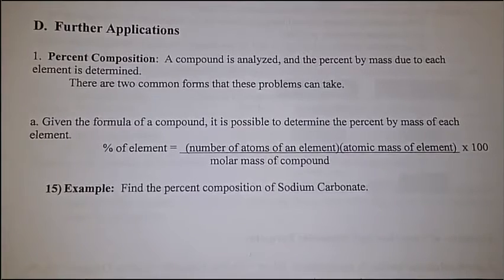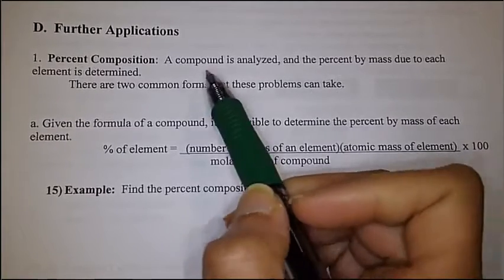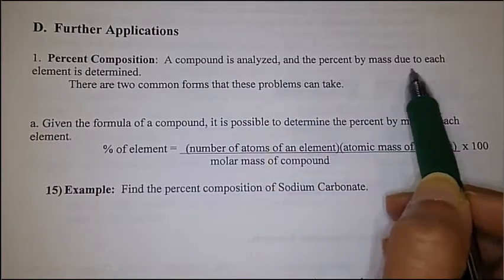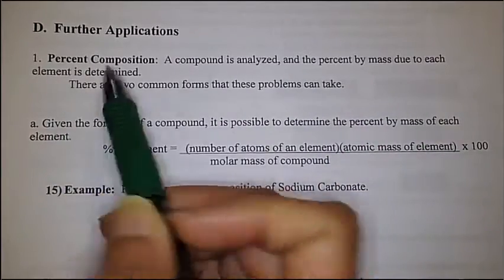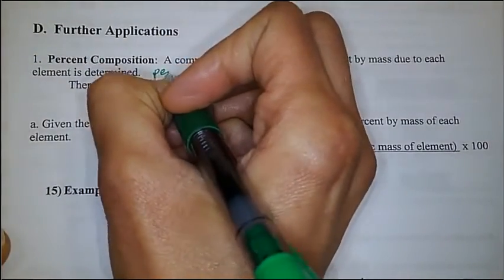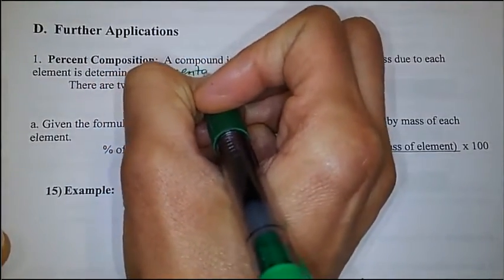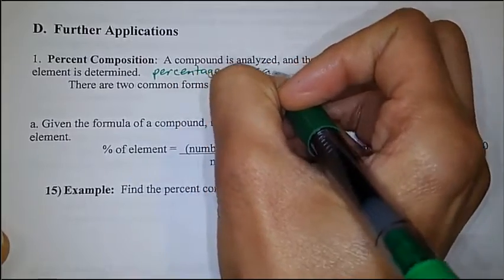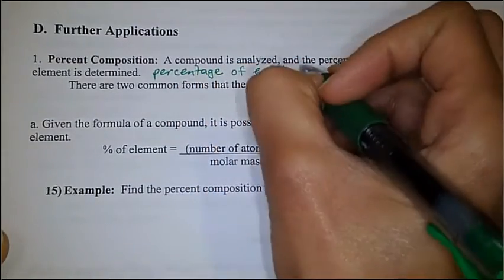Percent composition. When a compound is analyzed, the percent by mass due to each element is determined. Basically, you are trying to find the percentage of each element.